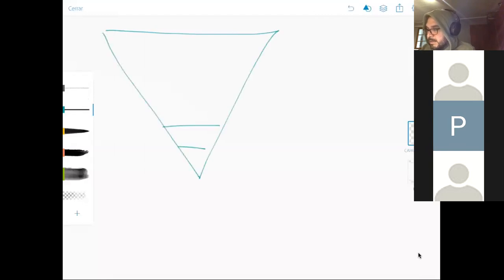So in the end, the idea will be that the grammatical hierarchy is something like this, with the smallest unit, the morpheme, at the end of it.